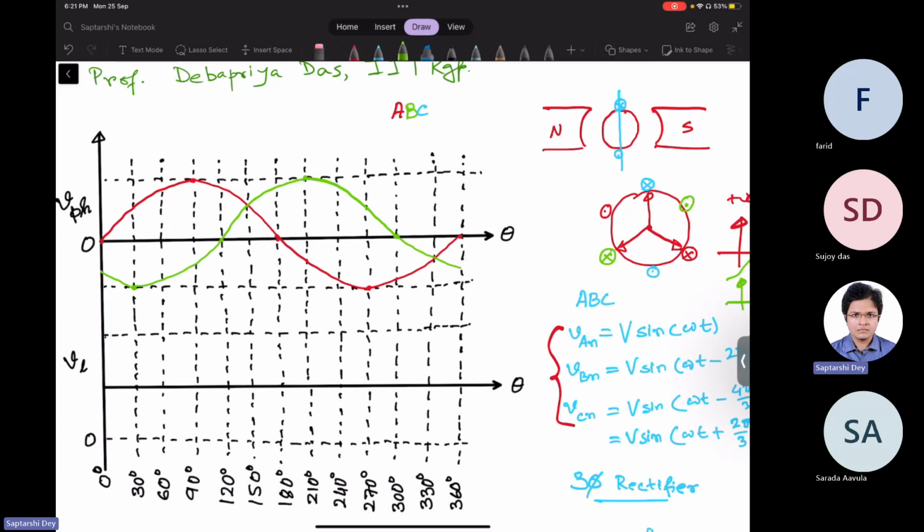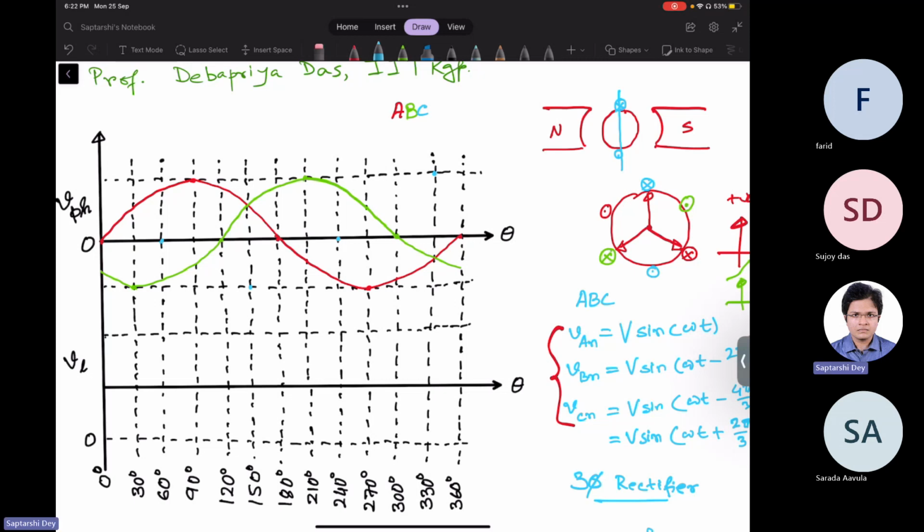Now, similarly, I have to draw phase C. So phase B had a positive zero crossing at 120. So phase C will have a positive zero crossing at 240, which is here. So 240 plus 90, 330, it will have its peak. 330 plus 90, 420, that is 60 degree. It will have negative zero crossing. And 60 plus 90, 150, it will have its negative peak. 150 plus 90, 240, positive.